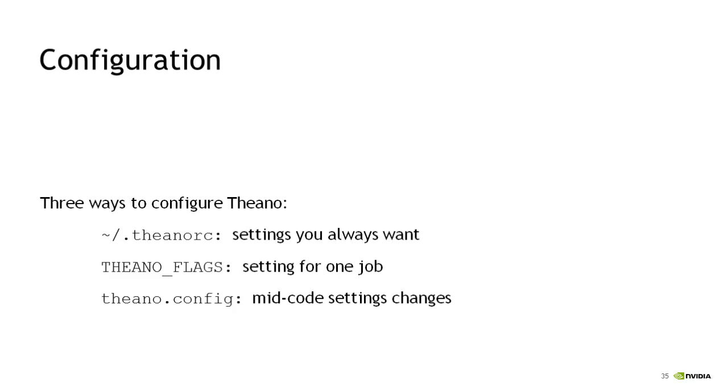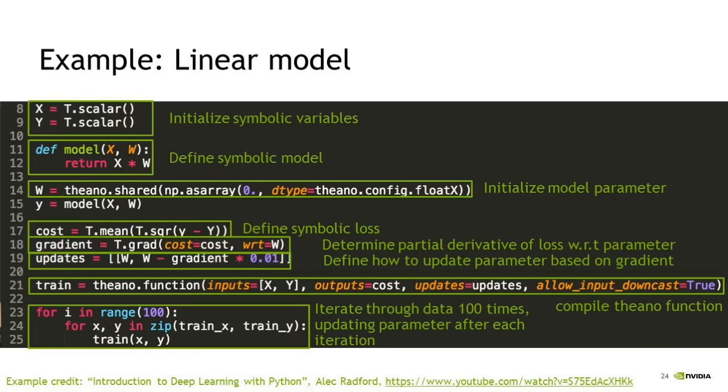So what does it mean when a shared variable is initialized with borrow equals true? I think I showed this earlier. Oh, I didn't show this on this chart. So here we have that W is a Theano shared variable. I mentioned that that's a hybrid variable. It can be used in symbolic expressions, but also has a numeric value.